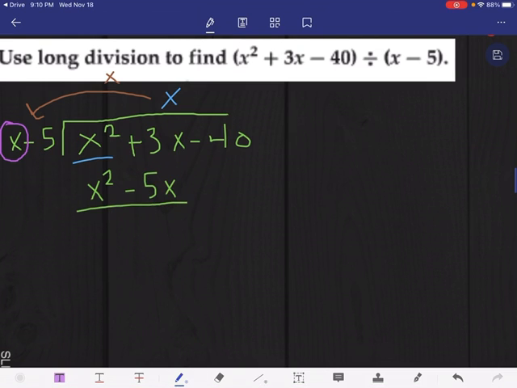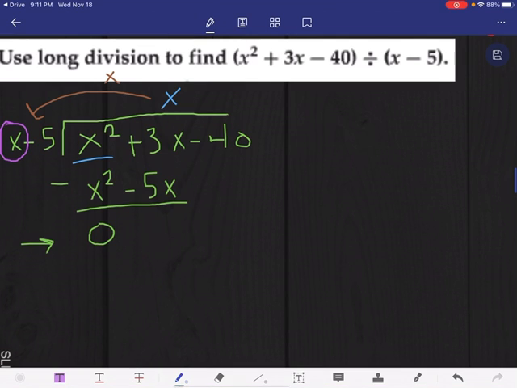And then just like with our other long division, I'm going to subtract as I come down. So I have x squared minus x squared, and so I get 0. And this 0 is really important. I always have to get 0 for my first terms that I subtract. If I don't get 0, that either means 1, I picked the wrong thing on top, or we multiplied incorrectly. But we always need those first terms to go away.